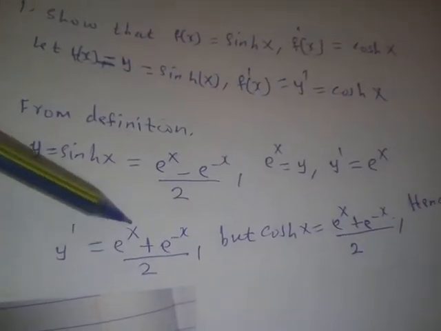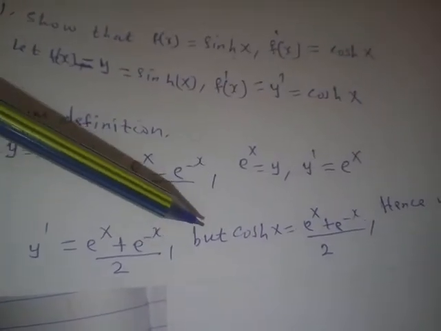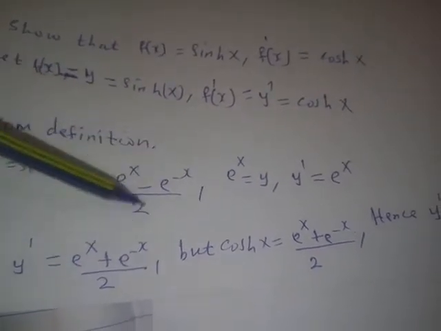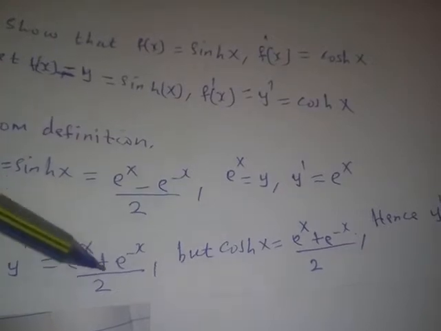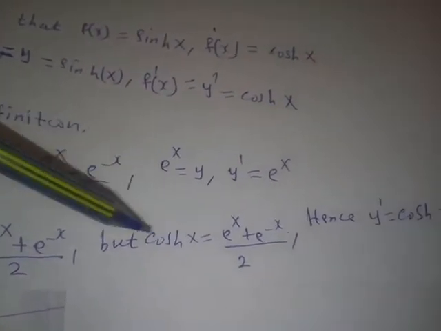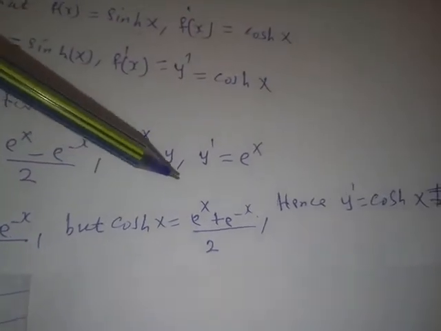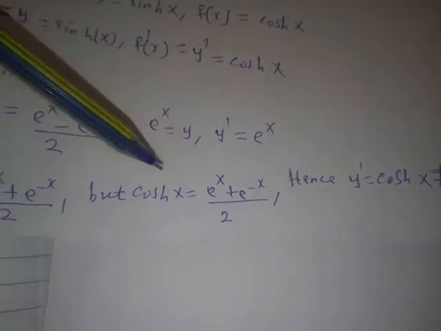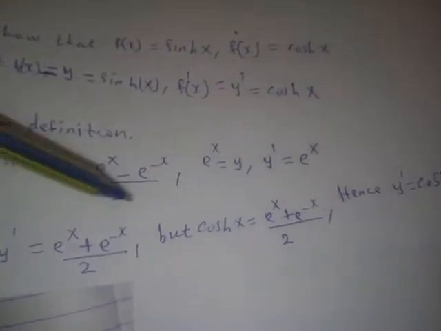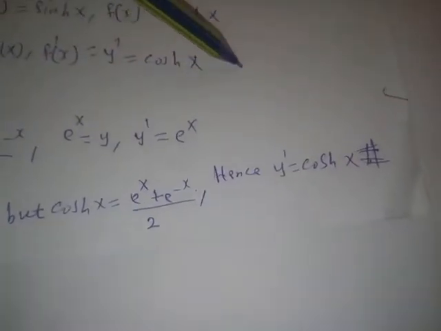So here we differentiate exponential x with respect to x to remain the same. When exponential power negative x is differentiated, the negative comes down and this becomes positive. So we have shown that when you differentiate a hyperbolic function of sine x, the result is cos x.